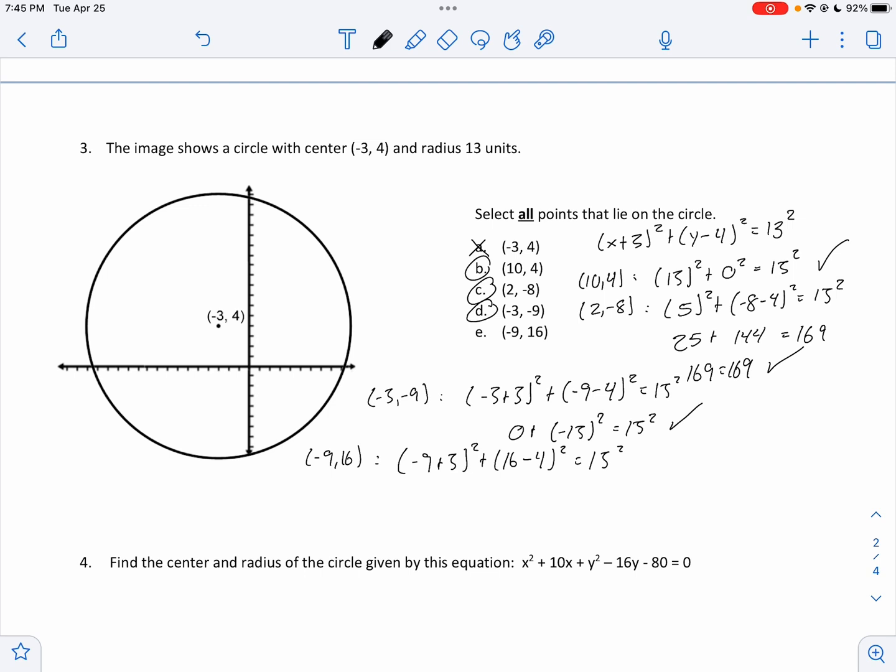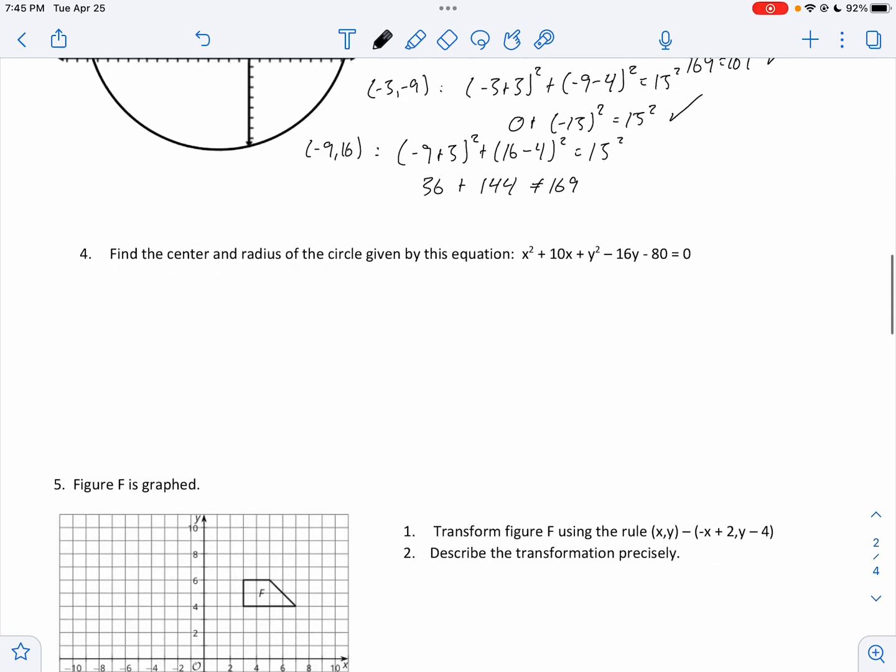Negative 9 plus 3 is negative 6. If you square that, 36. 16 minus 4 squared is 12 squared, so you get 144. And from our calculation over here in part C, we know that 144 plus 25 is 169. So 144 plus 36 cannot possibly equal 169. So our point E does not lie on the circle.